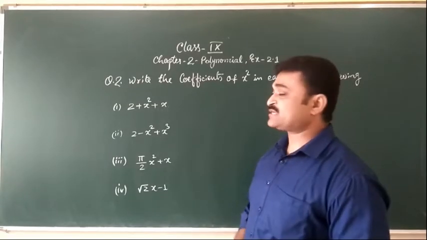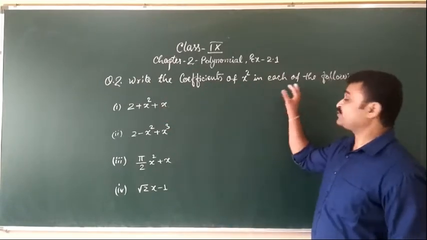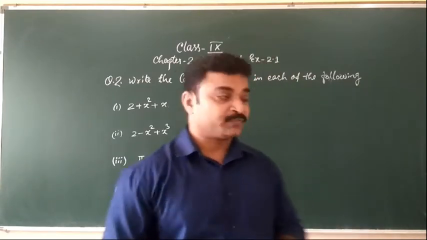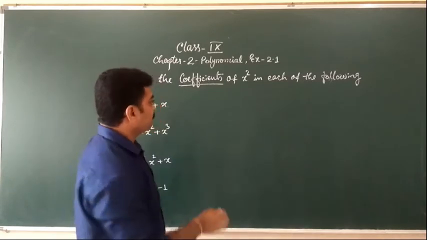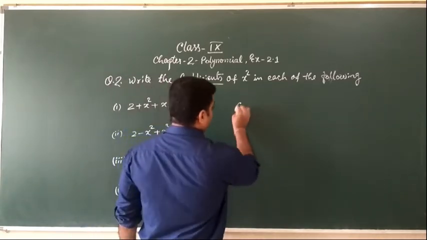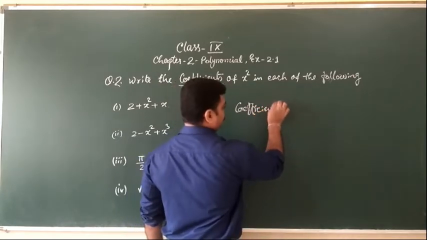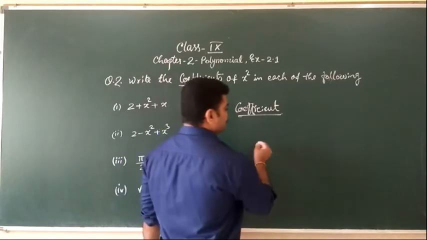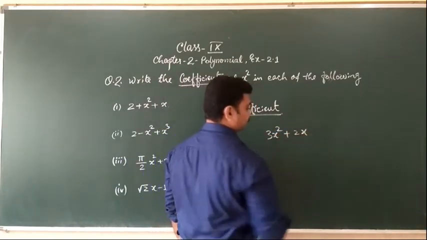So students, in the second question, write the coefficient of x square in each of the following. First of all, we have to understand what a coefficient is. Suppose I am taking 3x square plus 2x.